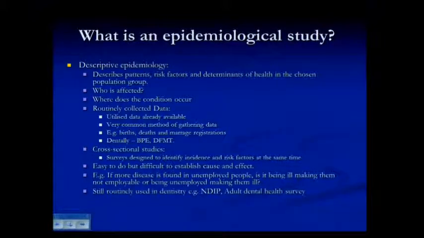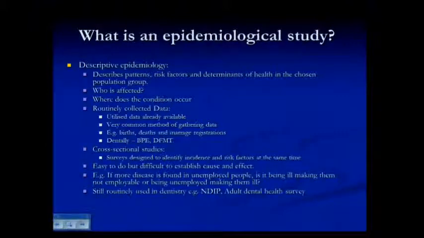So, where data has been used for a study that wasn't specifically collected for that reason, we call that routinely collected data epidemiology. If, however, the data has been collected specifically, so surveys have been sent out or examinations have been done for that study, it then becomes a cross-sectional study.